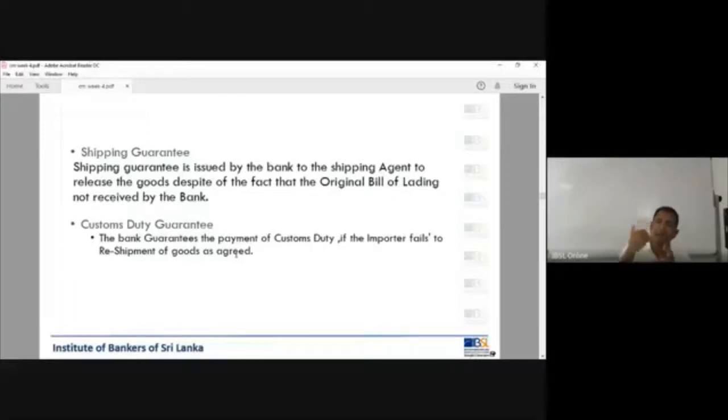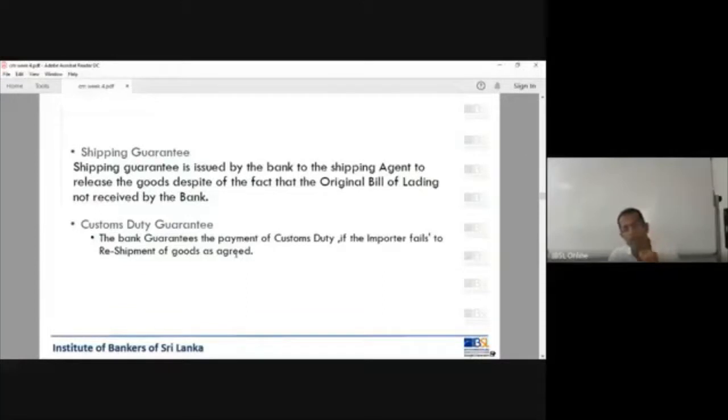So when we are bringing in goods for re-export, customs does not charge duty, but the bank has to give a guarantee saying that whatever came into the country will go back, else there will be a custom duty. The bank will take the responsibility of paying the custom duty. That responsibility is called custom duty guarantee.